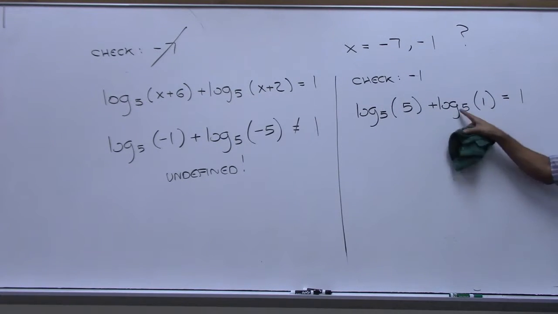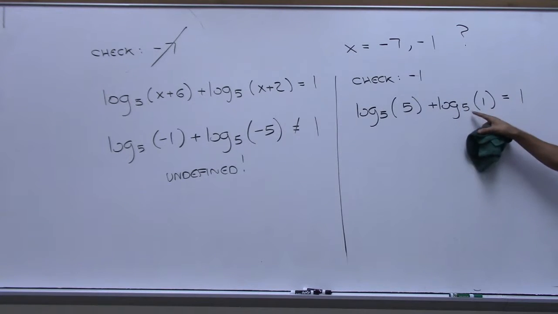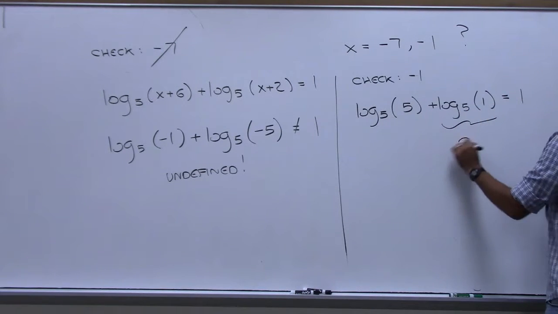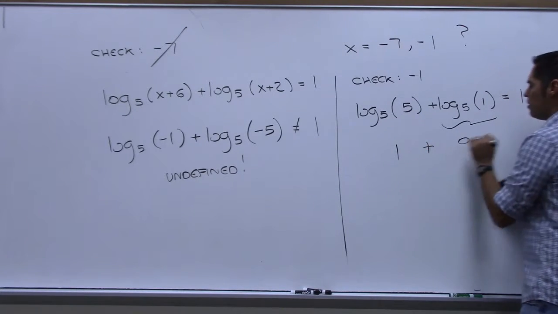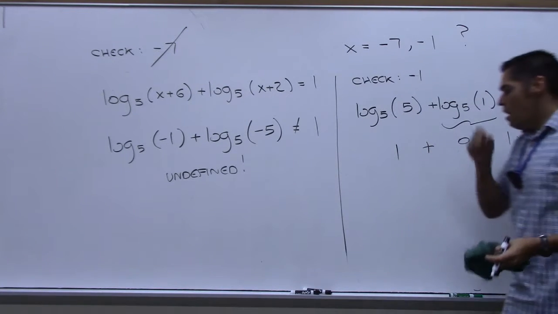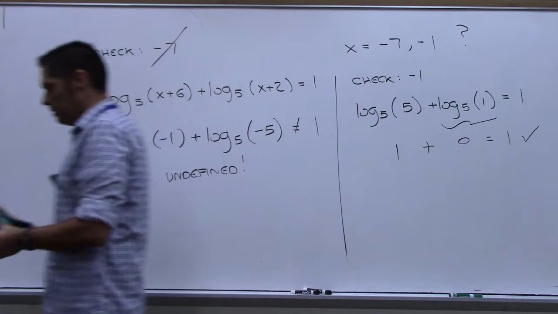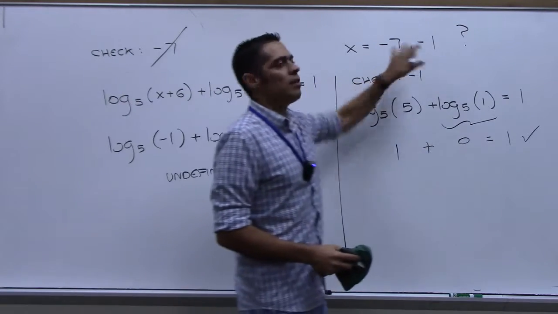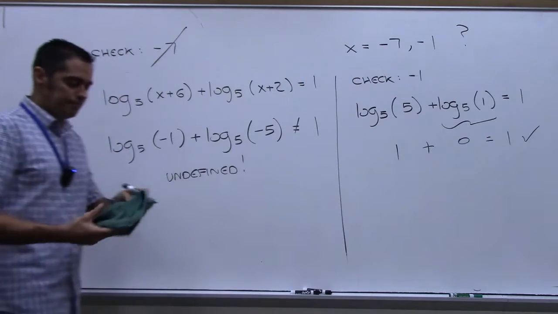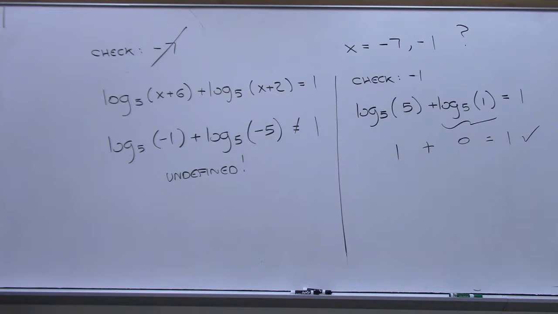But it does work. What's log of 1 of anything? This is always 0, right? And then 5 to what power is 5? 1. So this is 1 plus 0 equals 1. That checks. So we have confirmation pretty easily that that was a solution. But we were trusting our algebra that these are potential solutions. All right? We good?